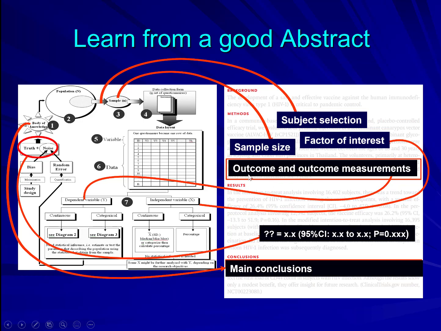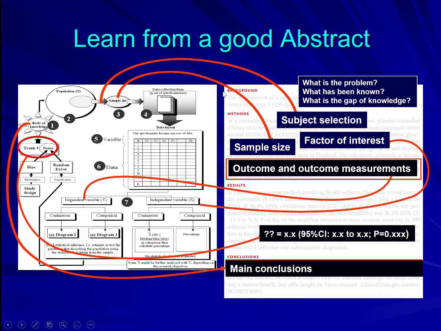Also, details about these things in methodological section: subject selection, the factors or the independent variables of interest, sample size, and the outcome and outcome measurements, which is very important.